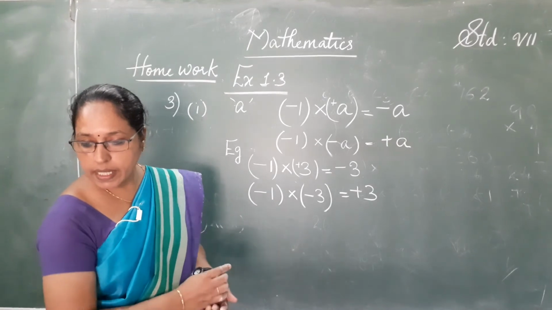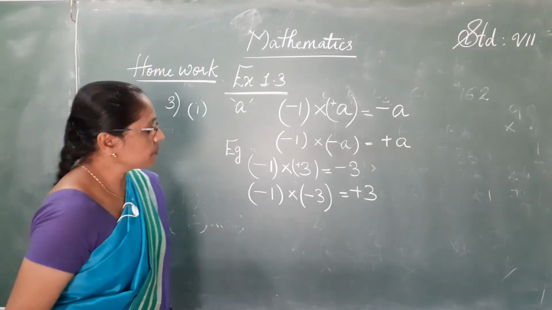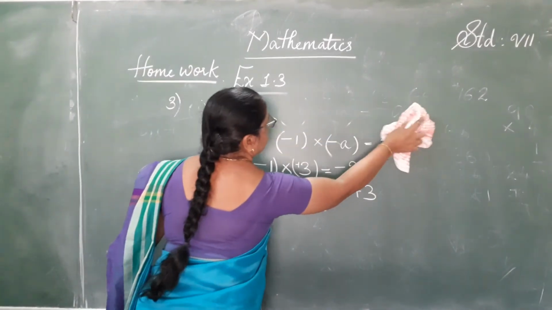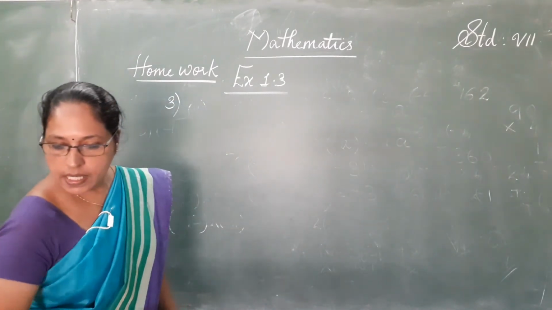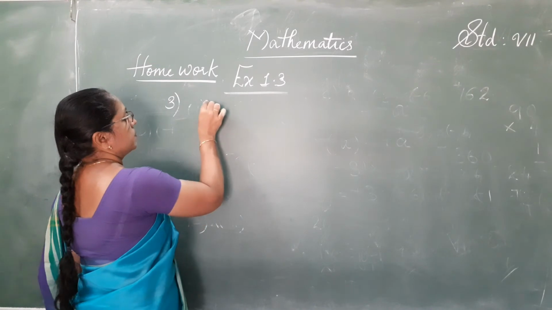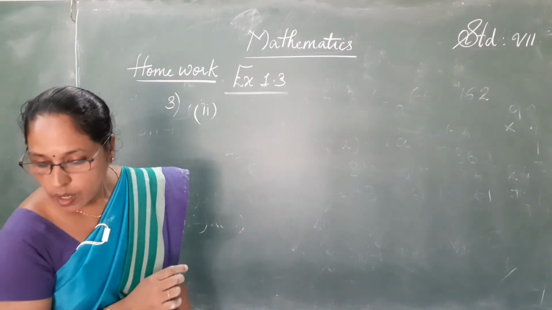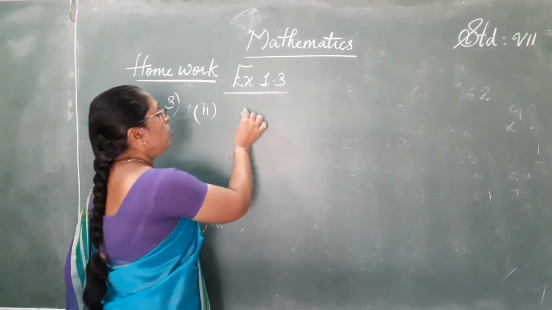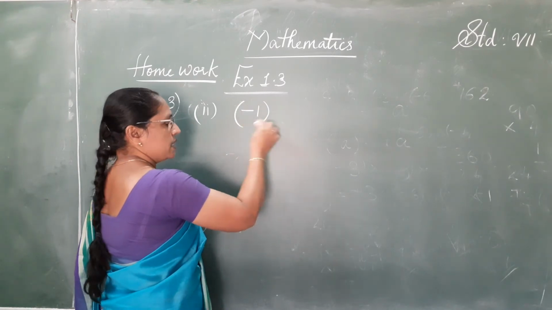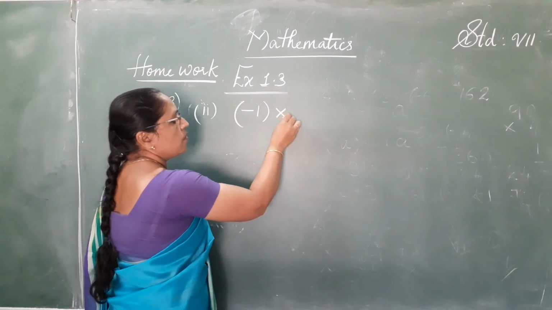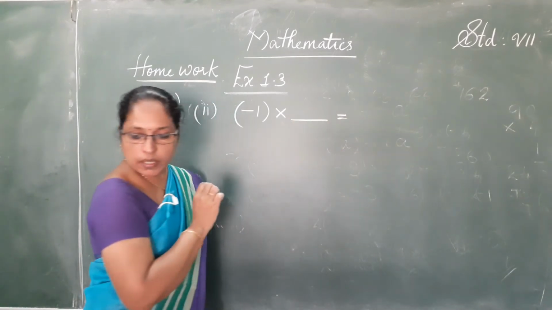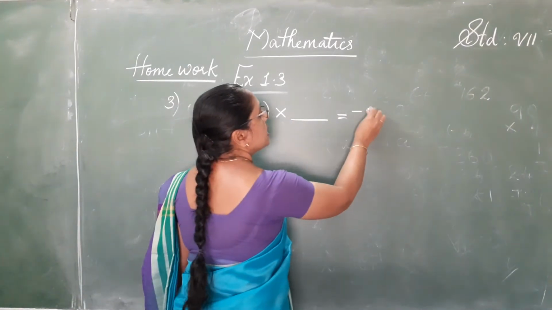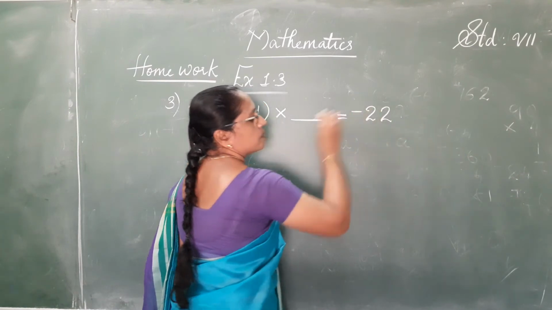Now, second part. Determine the integer whose product with negative 1 gives the answer. Negative 1 multiplied with dash is equal to negative 22.